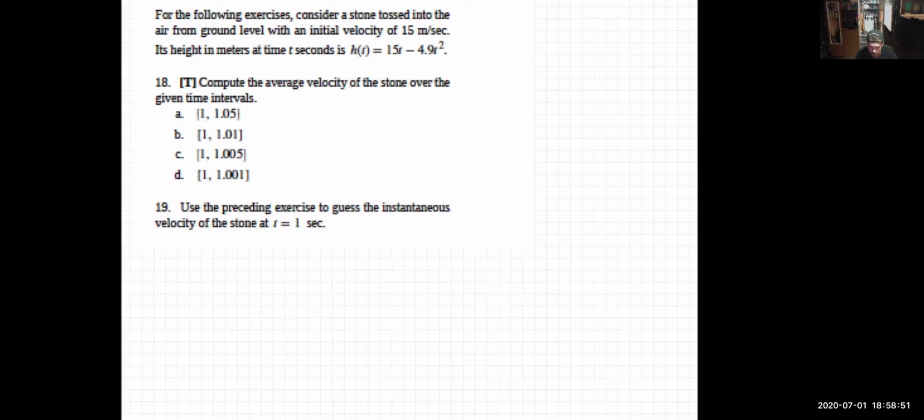The first thing I'll do to expedite this is I will just enter this function into my calculator so that we can just call on these specific values. So minus 4.9x squared. I'm going to graph that, just let it complete its thing. So when we plug in 1, we have the point 1, 10.1.